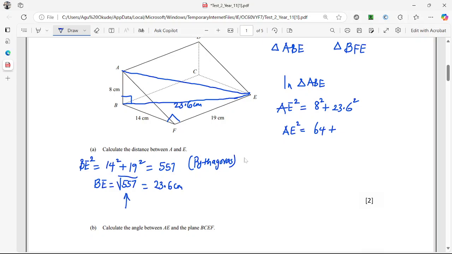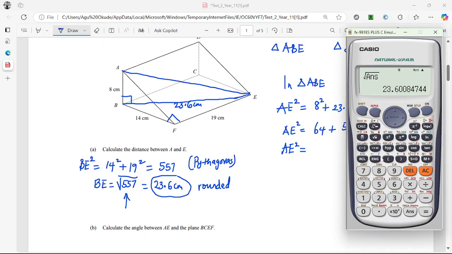Because this value is a rounded value, the more accurate value you should use is 557. That's why I'm using 557 there to get a more accurate answer.